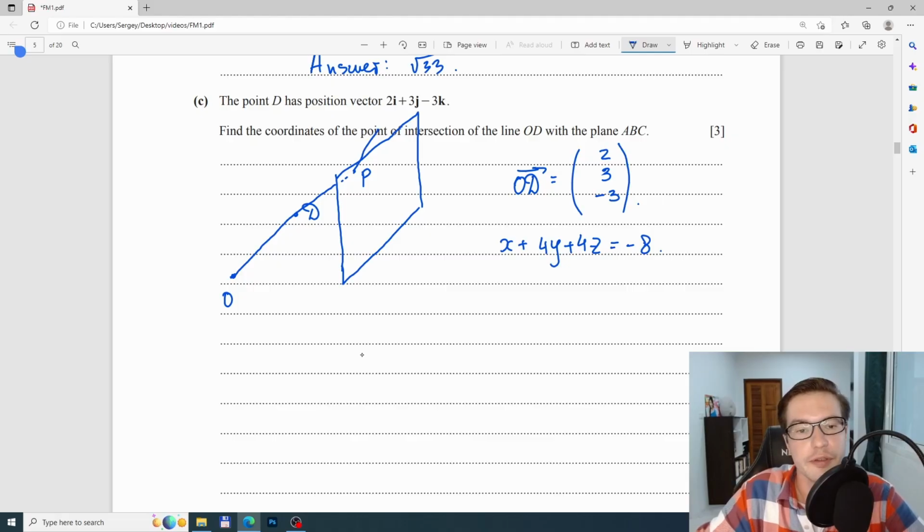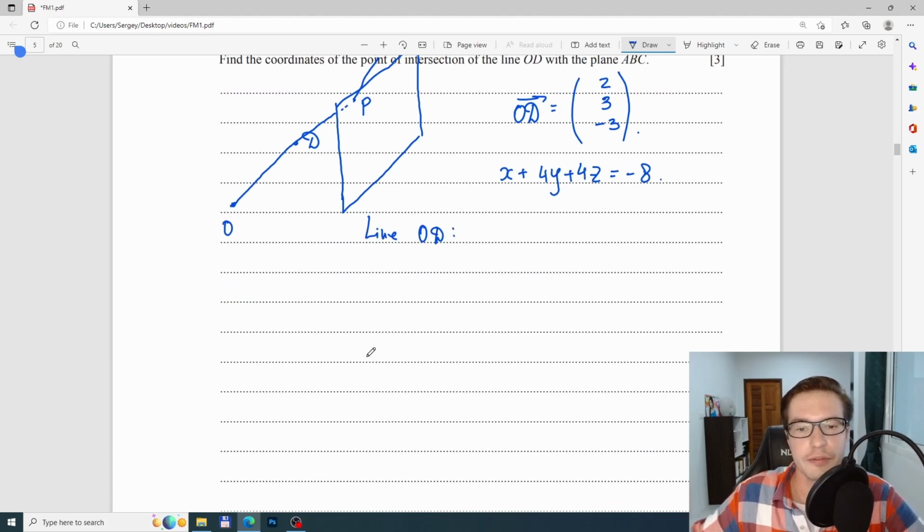Now what I want to do is to find the vector equation of the line OD. First of all, I need to find a position vector of any point on this line. And for that purpose, I will use point O because it's 0, 0, 0. So no need to add anything.